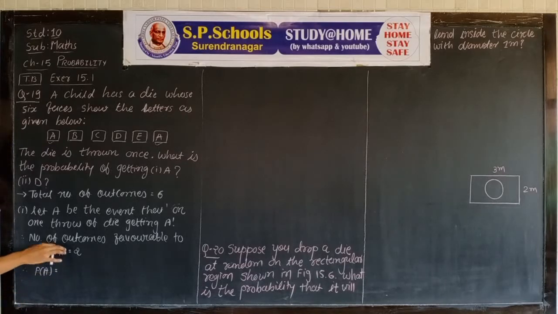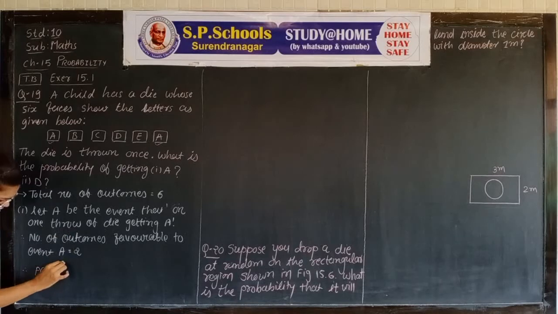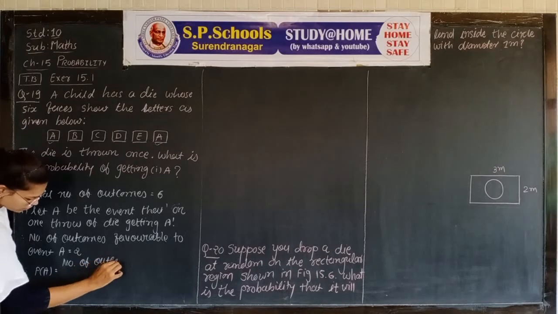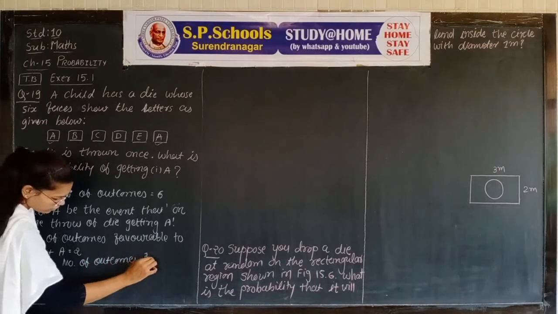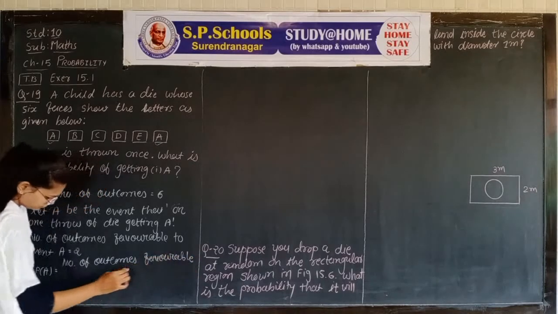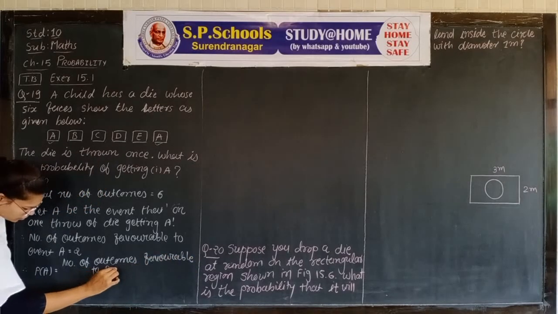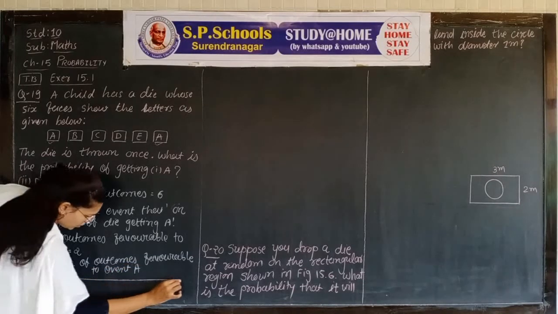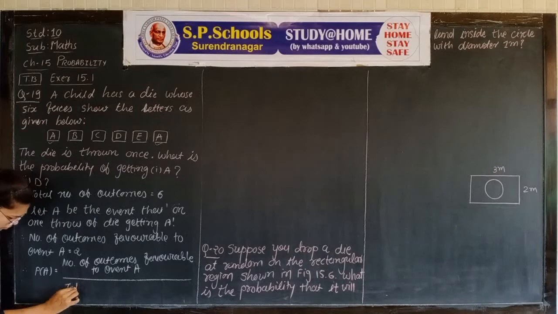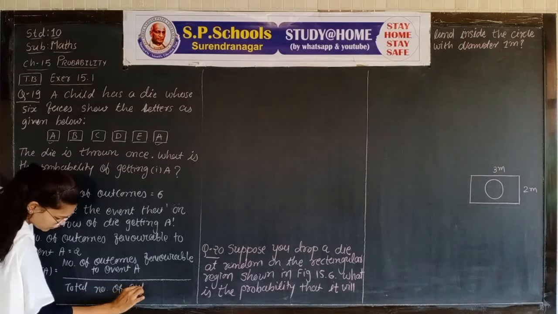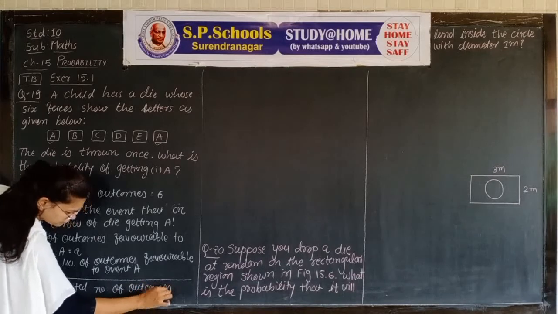First of all, we have to write the formula. P of A is equal to the number of outcomes favorable to event A upon the total number of outcomes.